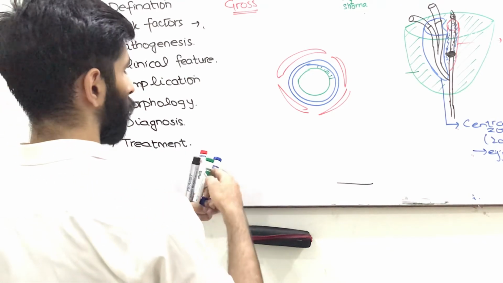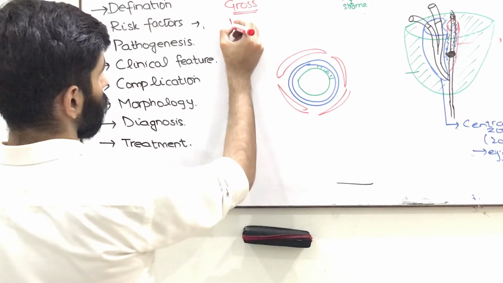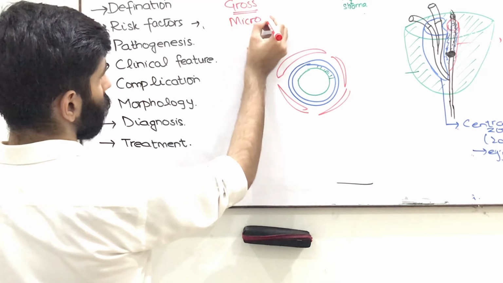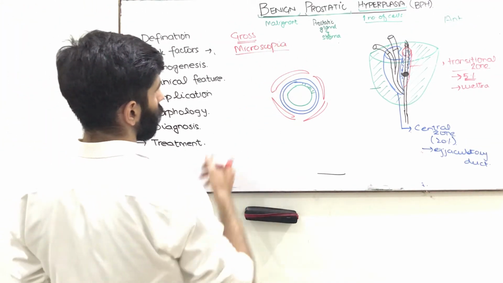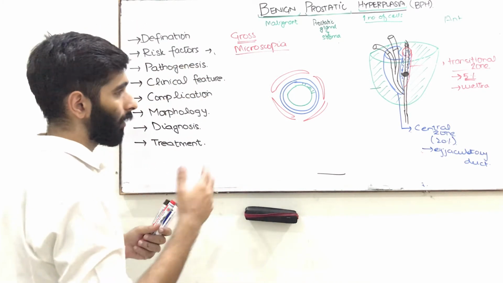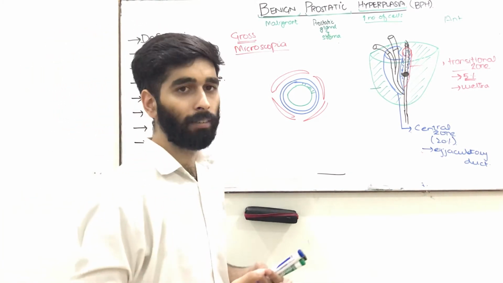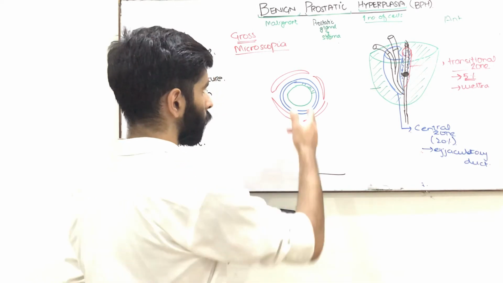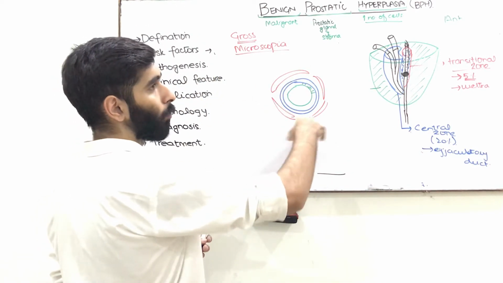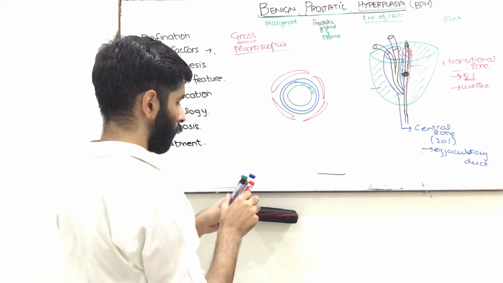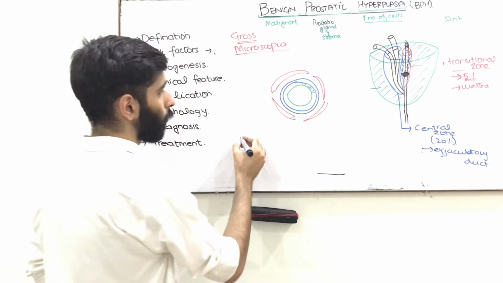And what are the microscopic features? As I already mentioned, there is a decrease in the turnover or apoptosis of the glandular component, and there is a proliferation of the fibromuscular stroma.